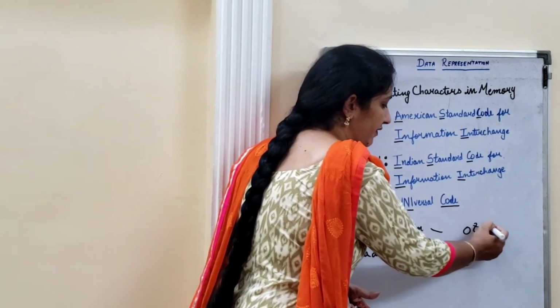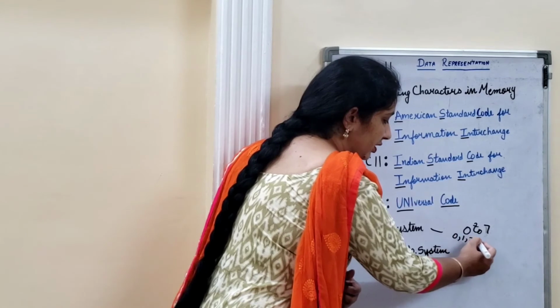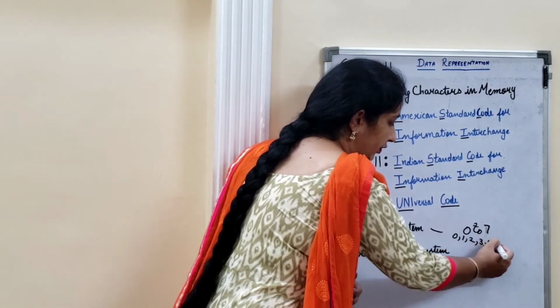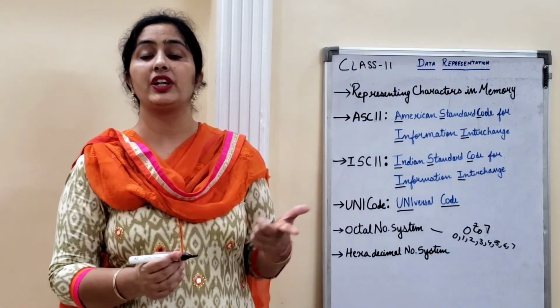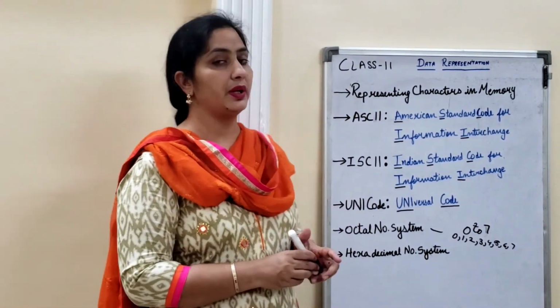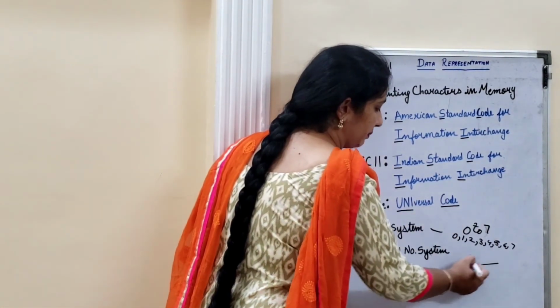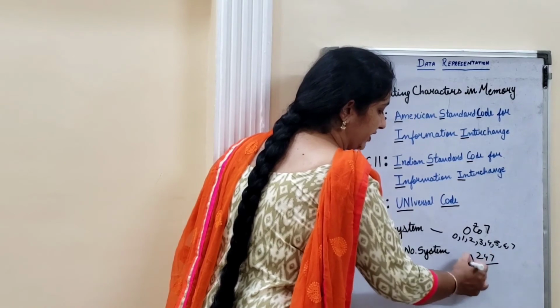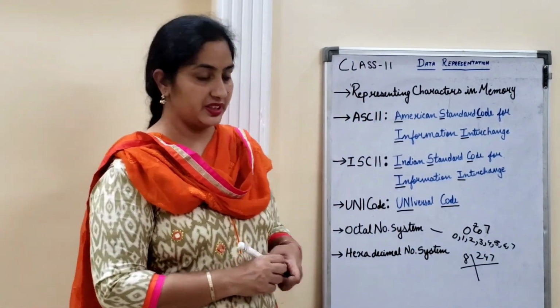So we are going to have 0 to 7, which means 0, 1, 2, 3, 4, 5, 6, 7. In decimal number, we are dividing it by 2, right? But in octal number, if I want to have any representation of number, I will divide it by the number 8, because I am using octal number system.